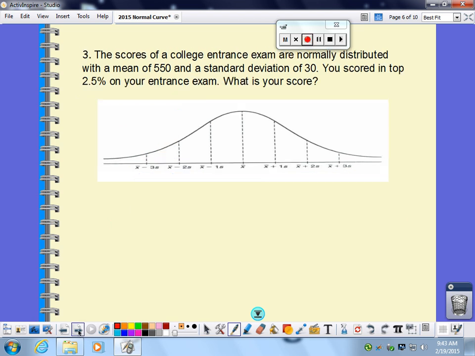All right, let's look at another different type of example. This is the same basic setup. Normally distributed with 550 and 30. Okay, so let's do our curve again. We've got 550 and a scale of 30.